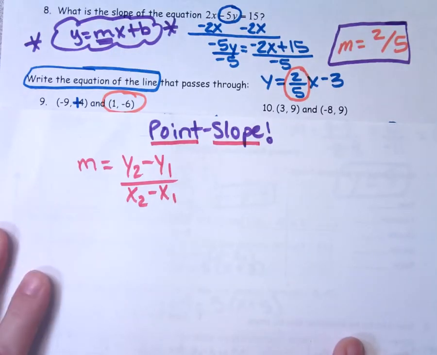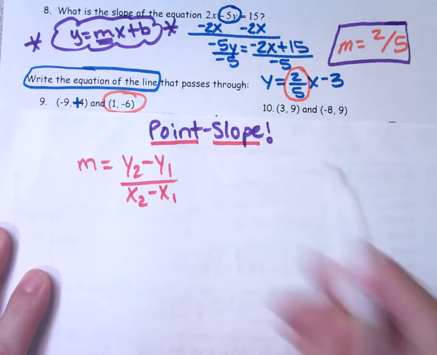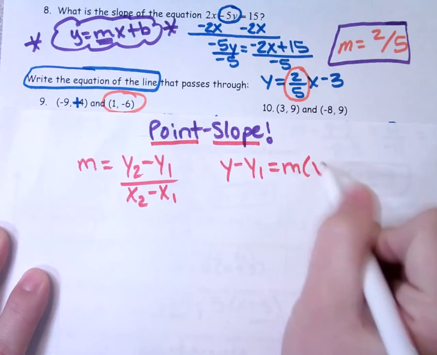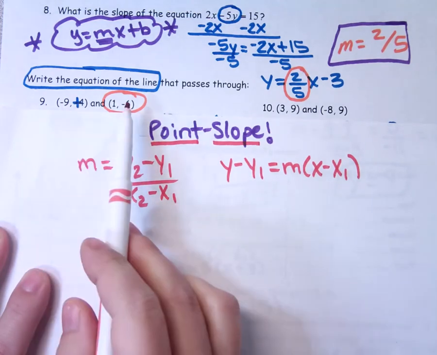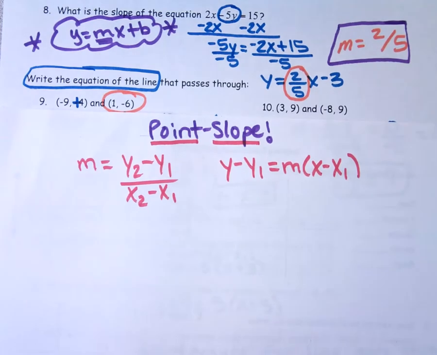And then once you find your slope, you'll have points and you'll have your slope, and you'll put the information you found into point-slope form. So you'll find your slope, and then you'll pick the point you want to use, and then you put it in point-slope form. So let me show you how number 9 worked out.